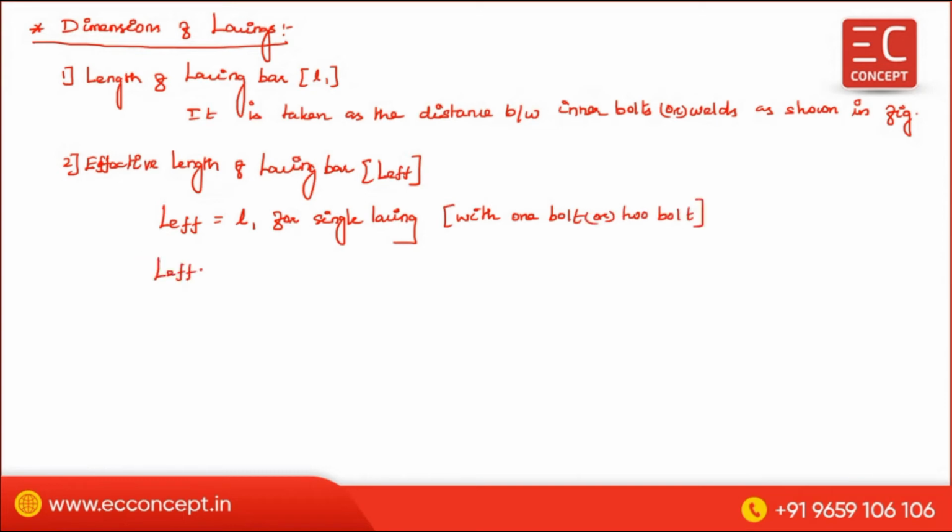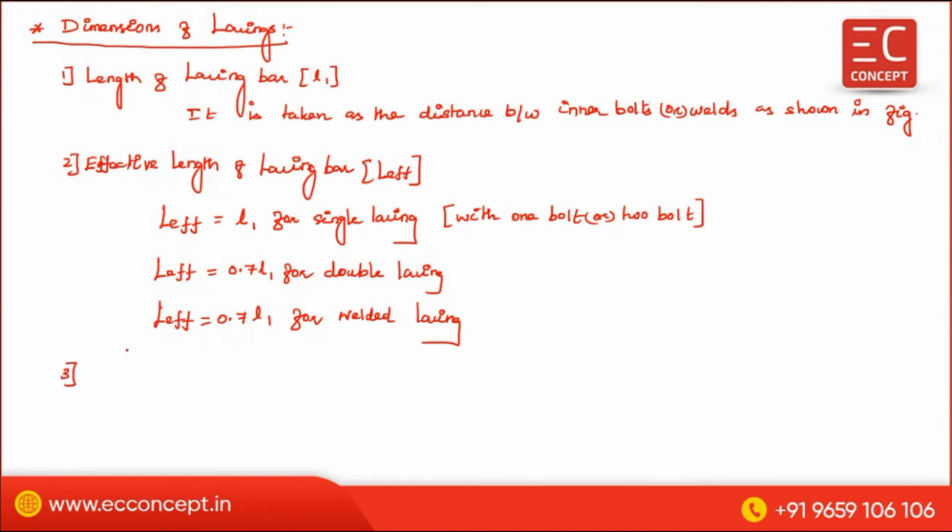Now, L effective is equal to 0.7 L1 for double lacing. Similarly, L effective is equal to 0.7 L1, where L1 means length of the lacing bar, for welded lacing. So these are the points.